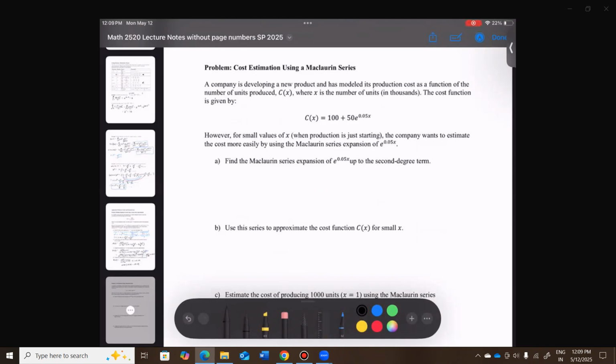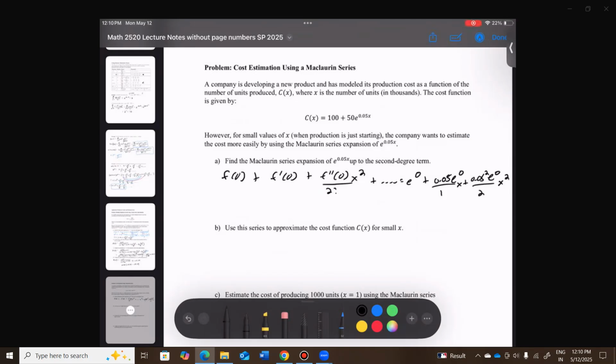So for the Maclaurin series, you have f of 0 plus f prime of 0 x over 1 factorial, plus f double prime of 0 x squared over 2 factorial, plus, and so on. And so for e to the 0.05x, we are looking at e to the 0 plus 0.05 e to the 0 x over 1 plus 0.05 squared e to the 0 over 2 x squared.